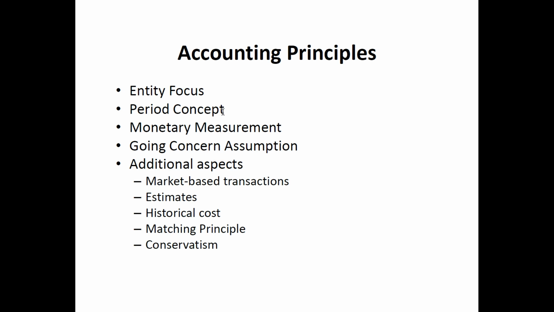And then conservatism. Aspects of accounting may lean a little bit more towards conservatism, meaning we're trying to not overstate our assets or overstate our revenue, and we're trying to not understate our expenses or understate our liabilities.